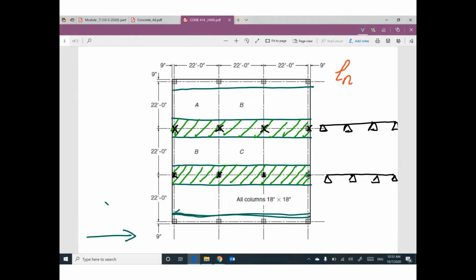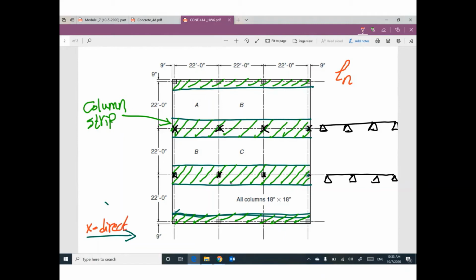Anybody have any comment or question up to this moment? These green strips are called column strips. By the way, I'm talking about the X direction.